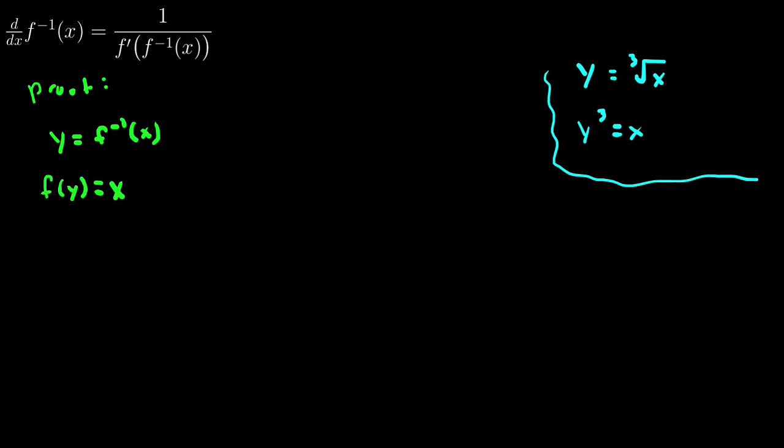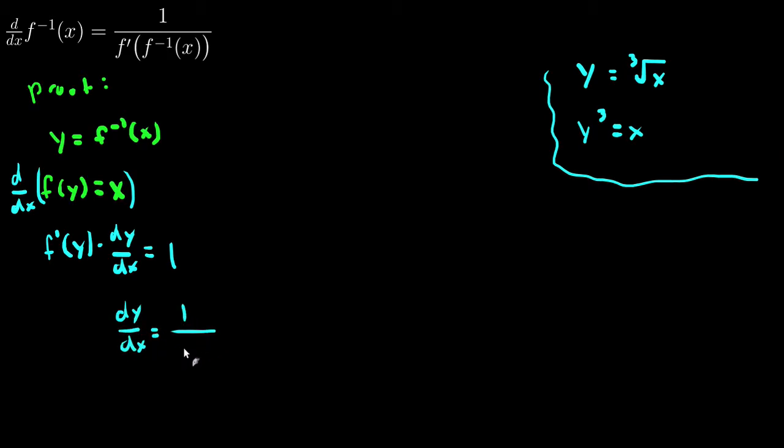Now, at this point, I'm going to take the implicit derivative of both sides with respect to x. And that will give me f prime of y, and since this y isn't an x, I multiply that by dy dx. And the derivative of x with respect to x is just 1. Solving this for dy dx, I get dy dx equals 1 over f prime of y.